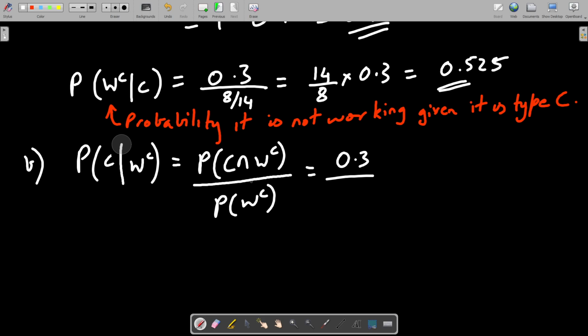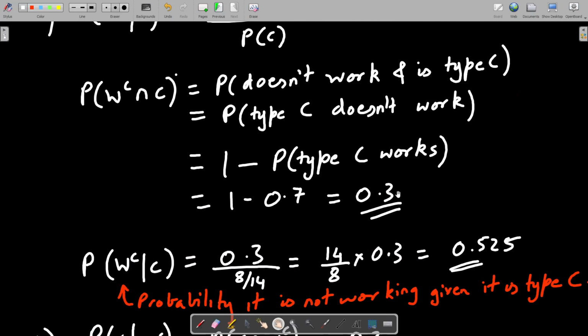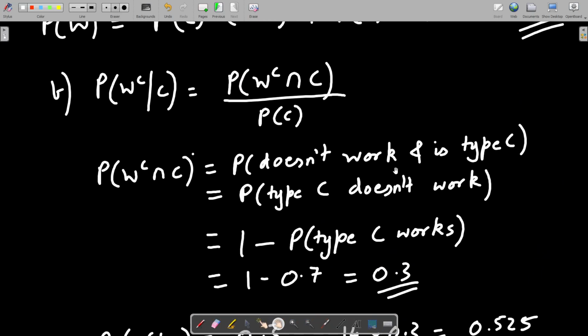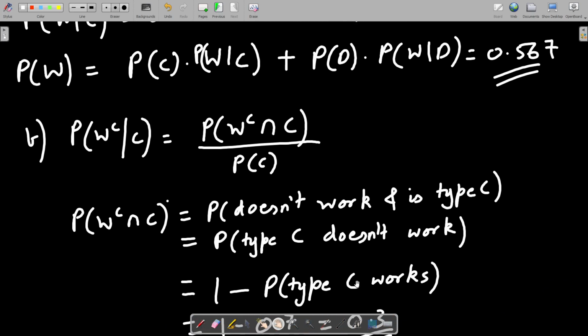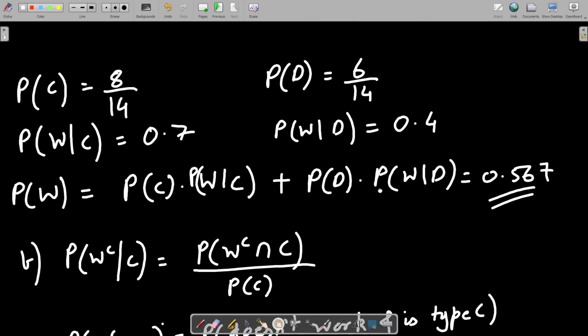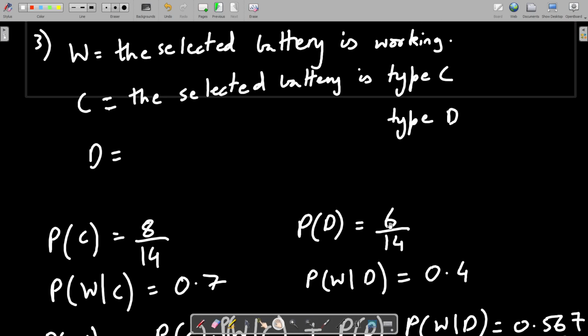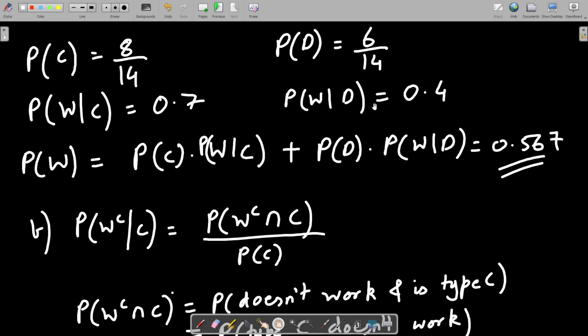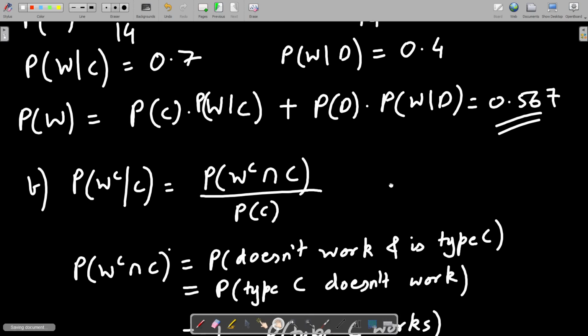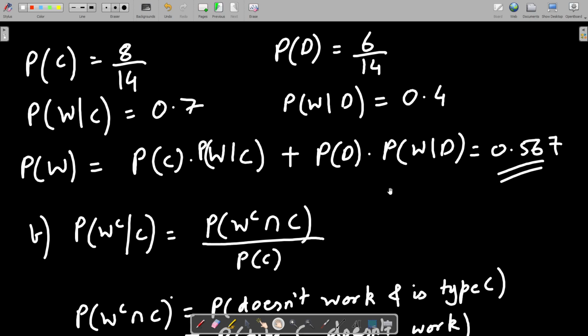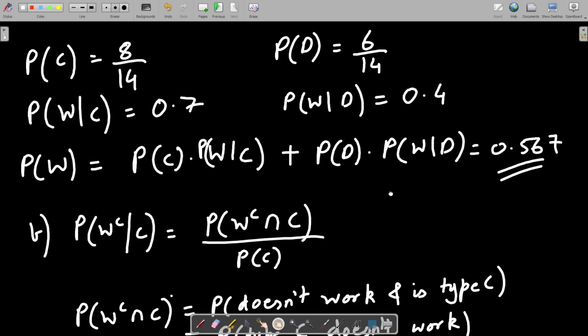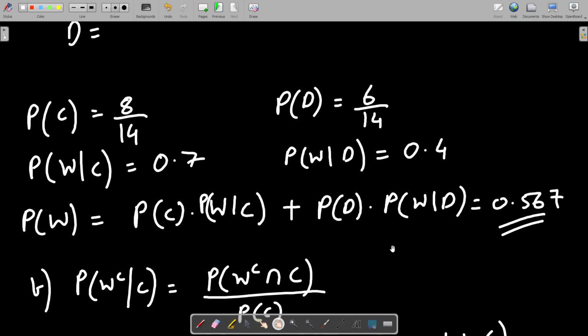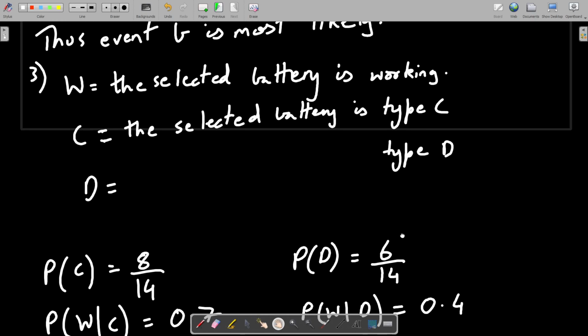W complement, I suppose we have calculated it above. W complement we didn't calculate above.